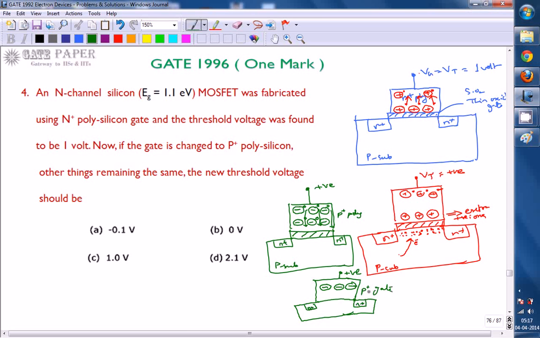It requires more positive voltage compared to an N plus polysilicon gate. Out of these four options, the highest positive value is 2.1, so the answer is 2.1 volts, option D.